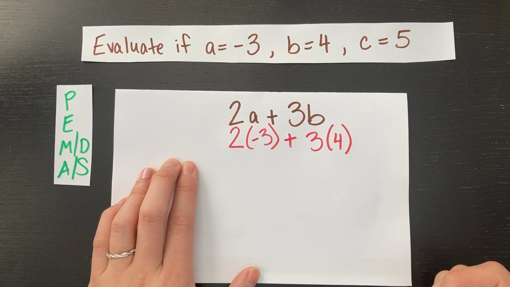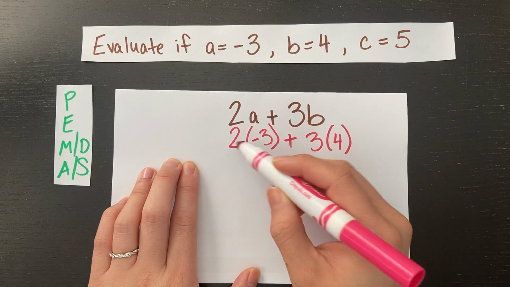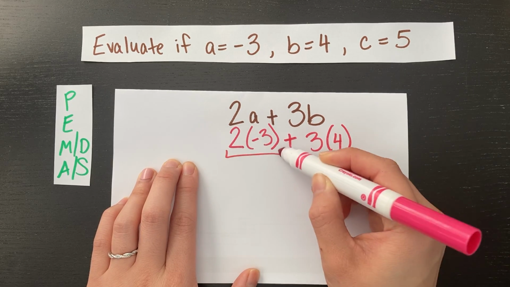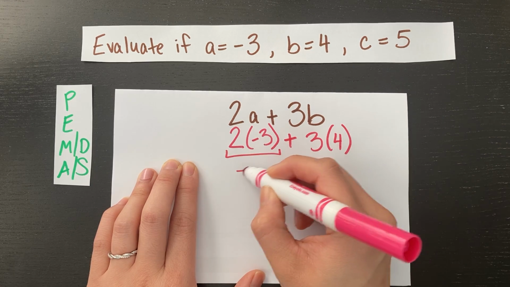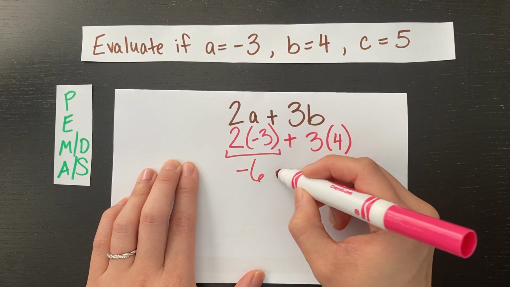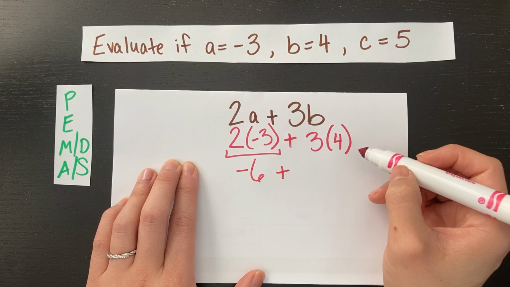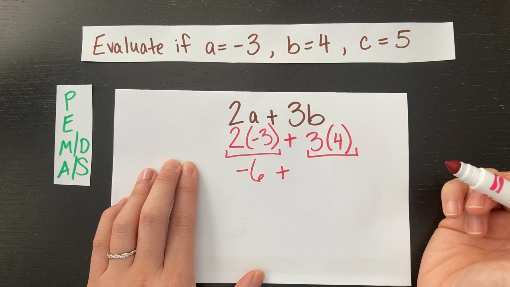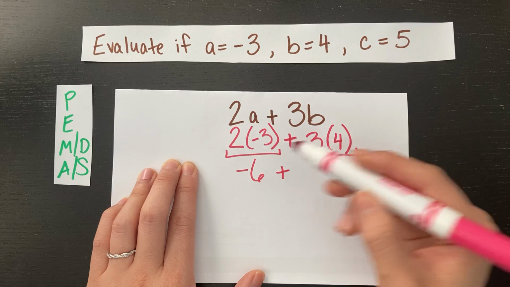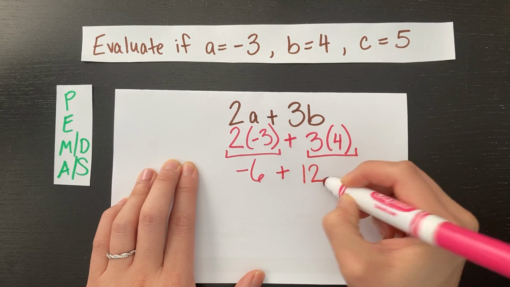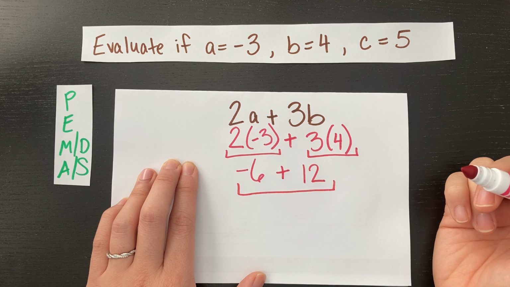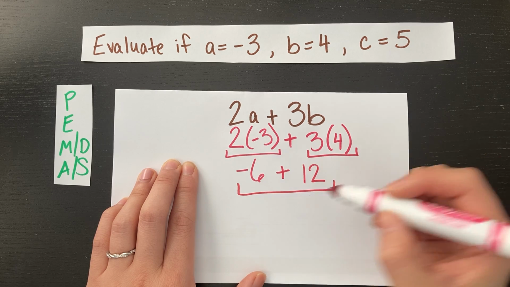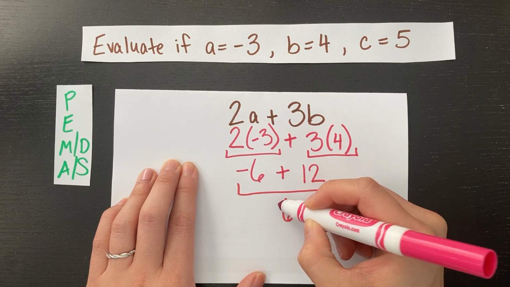No parentheses, no exponent, but I am going to multiply these because these are numbers side by side. 2 times negative 3 is negative 6, plus, I'll do this one too while I'm at it, 3 times 4 is 12. The last step here is negative 6 plus 12, which gets me positive 6. So here's my answer.